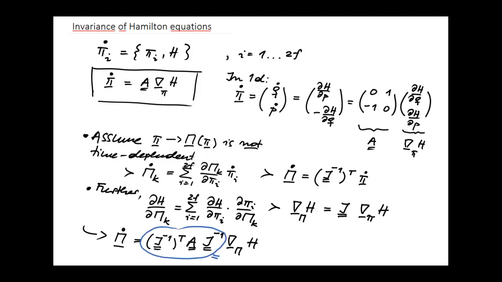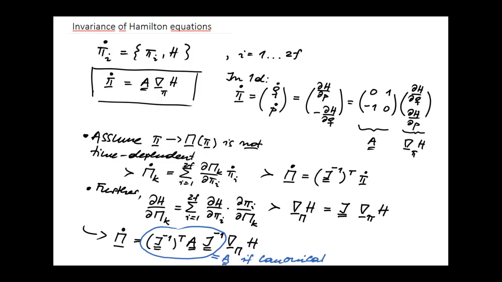Now this matrix product in this blue circle, if the phase-space transformation is canonical, then this matrix product is once again equal to A. The original condition for a transformation being canonical was J transpose A J equal to A. You can multiply from the right with the inverse of J, and from the left with the transpose of the inverse of J. And then you find A is equal to what's written there, the transpose of the inverse times A times the inverse.